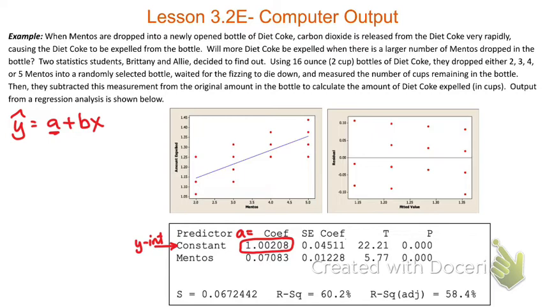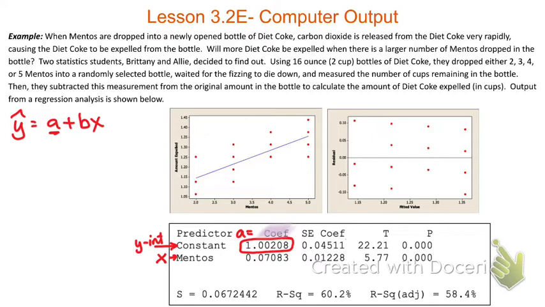This entire second line is all about the x variable. This is where the coefficient part comes in from up top. The coefficient of the x variable, what sits in front of the x variable? What does that b indicate? Slope.